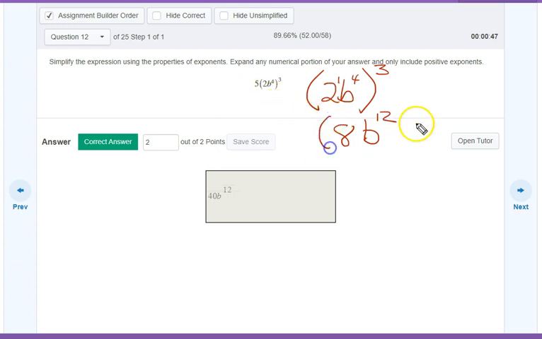And then now we multiply this by 5. 5 times 8 is 40 b to the 12th. All right, not too hard, but you need to follow the rules. Check it out.